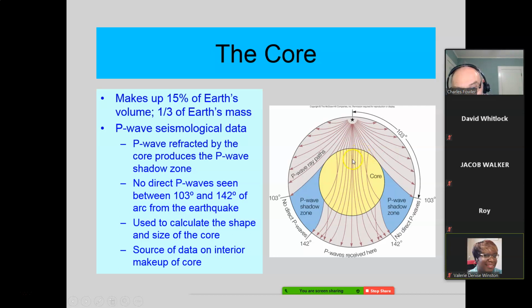You have a lot of what they call refraction, bending of the waves here, and then you get near the inner part of the core, and it's solid again, and you have even more bending, and then you go back through the less dense liquid here, and it's bending in the opposite direction. That's what creates the shadow zone. So basically, it's the boundary of the core between the mantle and the outer core that gives you this shadow zone.